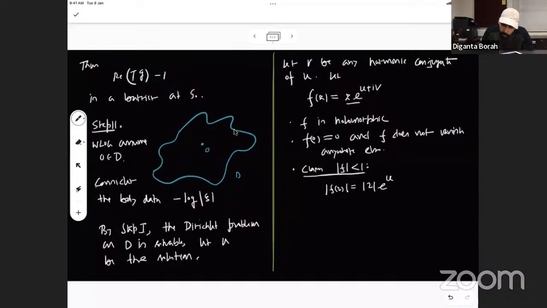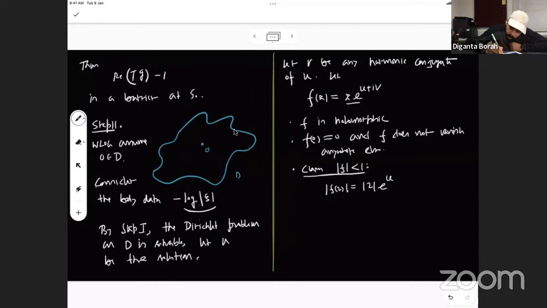So what I have to show is that u is less than log of 1 by mod z, that is, u is less than minus log mod z. If I show this, then this right hand side will be less than 1. But you see, u is the solution to this boundary problem, so u is a harmonic function with this boundary data, right?